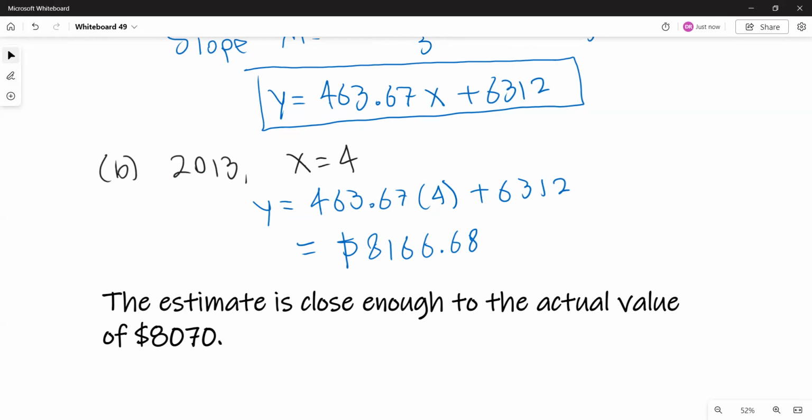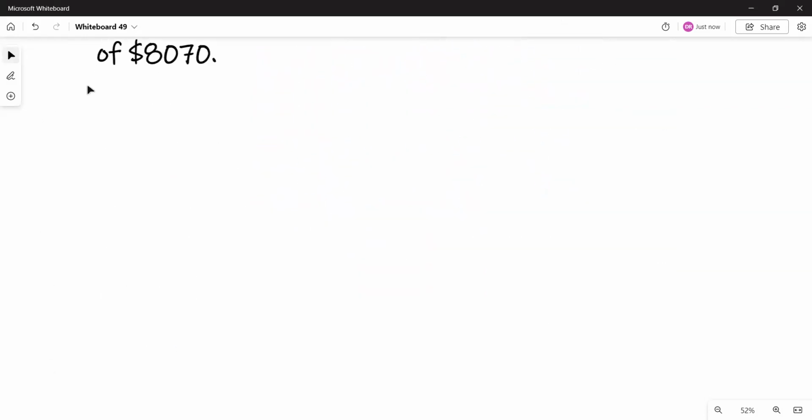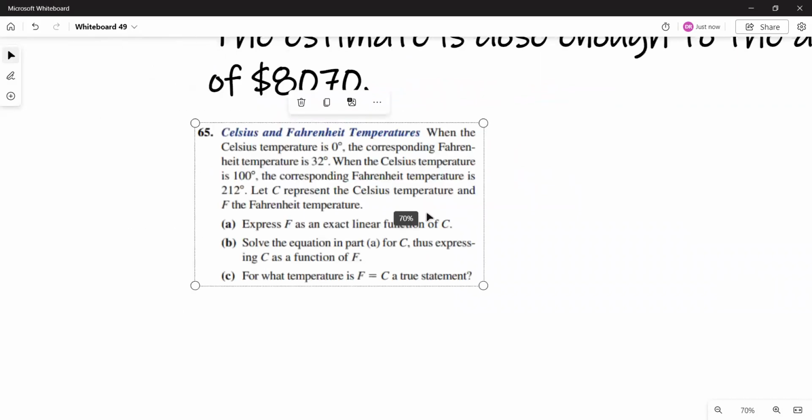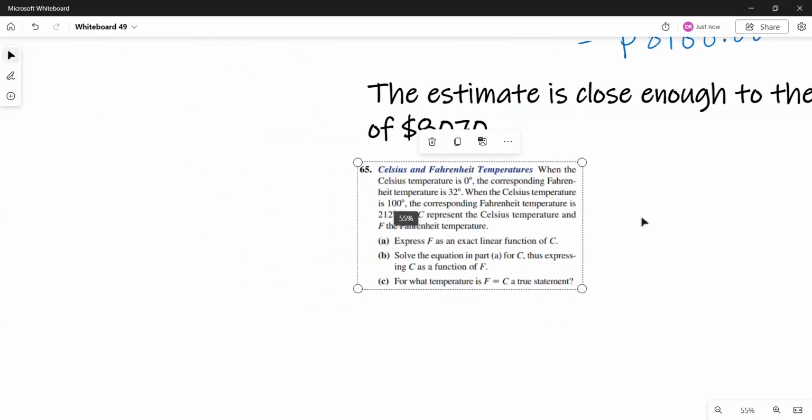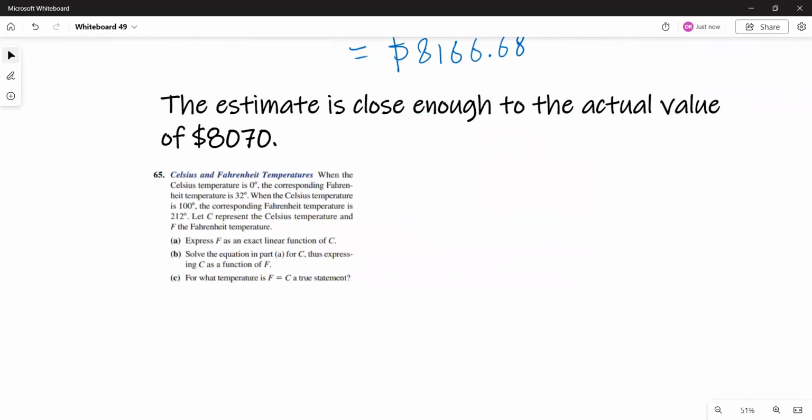So I'm copying the problem. And there it is. That's on page 246.